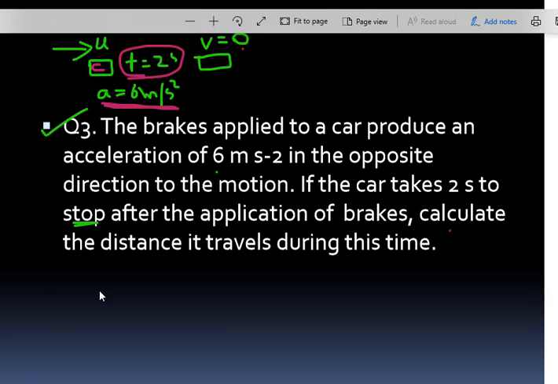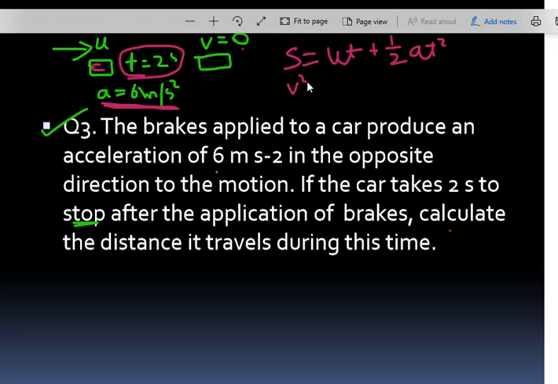Okay. So to find out distance, we have two formula. What are those formula? First one is S is equal to ut plus 1 by 2 at square.